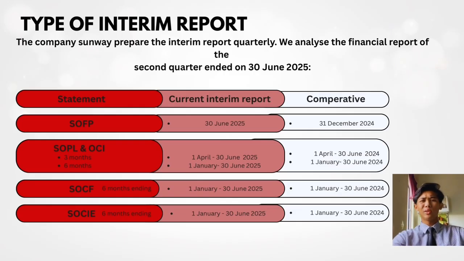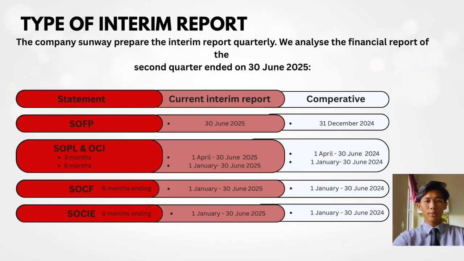As you can see on this slide, the company Sunway we are analyzing prepares a report quarterly. The specific example here is for the second quarter, which ended on 30 June 2025. This table shows us four financial statements and, most importantly, the period they cover. This is the key concept in interim reports. Okay, first, the SOFP, statement of financial position.